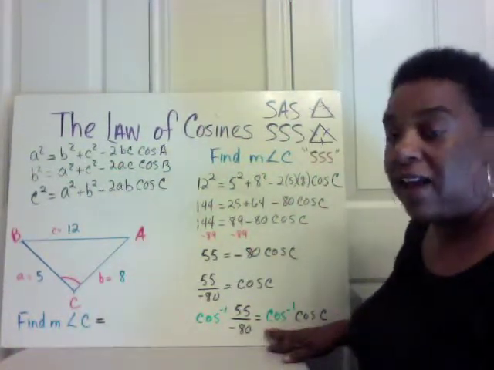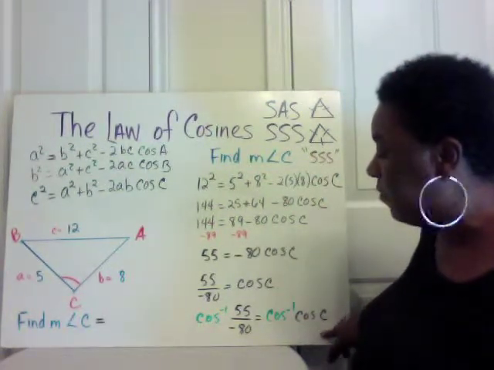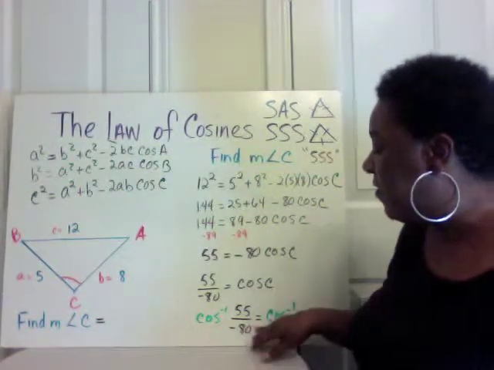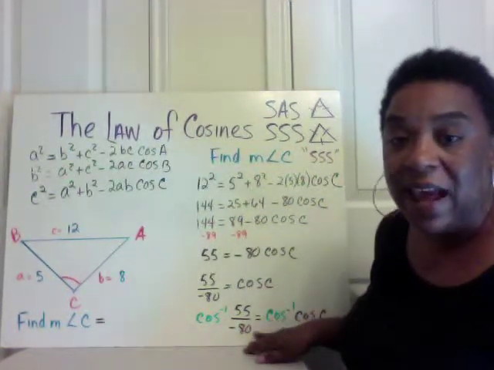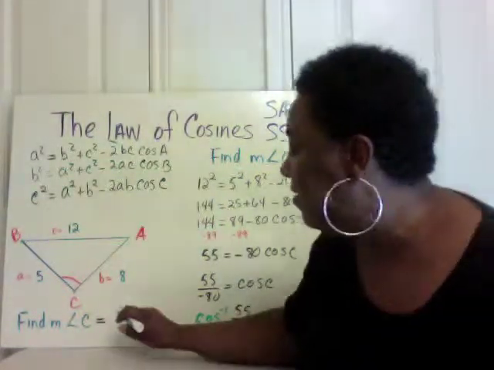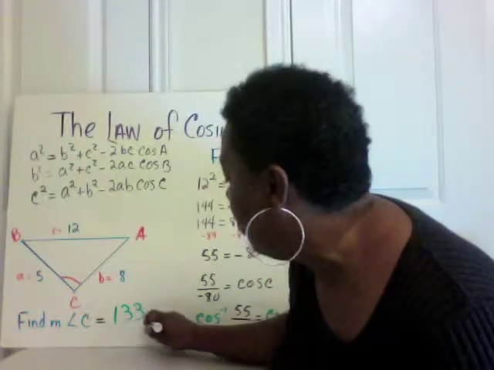Inverse of cosine will cancel out cosine, leaving c by itself. So when we put inverse of cosine of 55 divided by negative 80, we find that the measure of our angle C is 133.4.